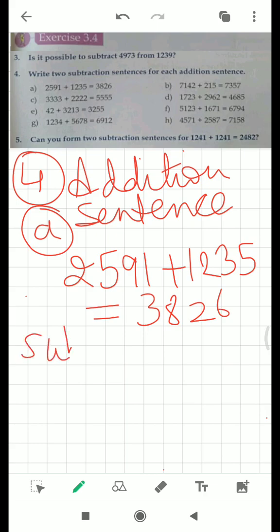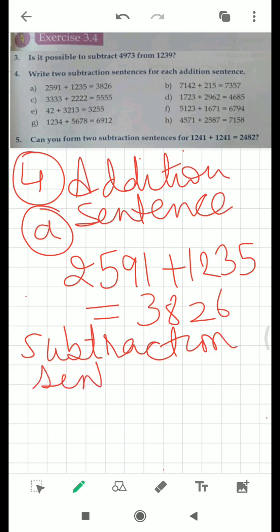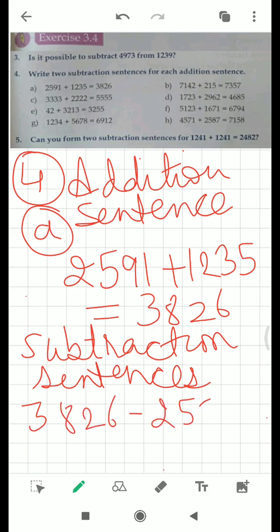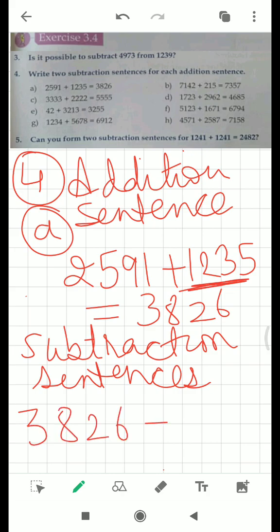Your subtraction sentences will be 3,826 minus 2,591 is equal to 1,235, and the other one will be 3,826 minus 1,235 comes out to be 2,591.